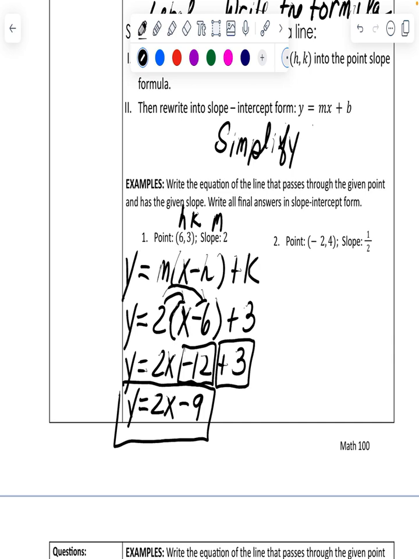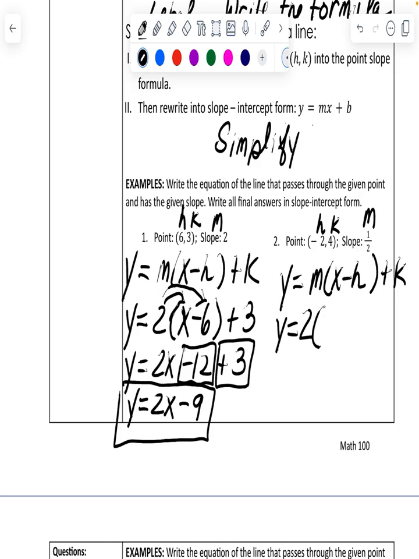All right, let's do the next one. H, K, M. Substitute those in. Write out your formula. Y equals m times x minus h plus k. Slope is 1/2. Then I have my x minus 2.